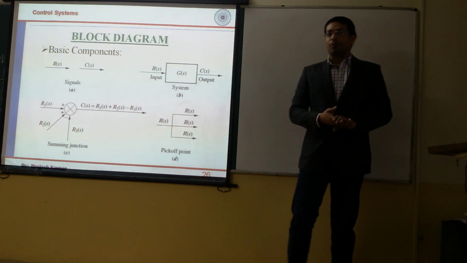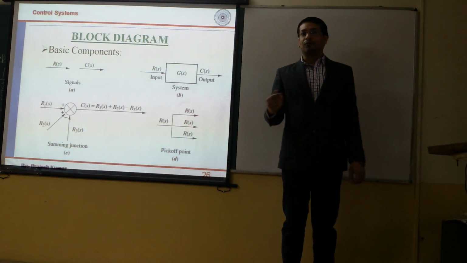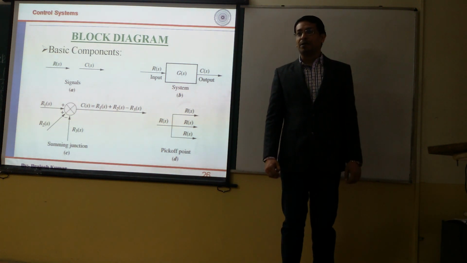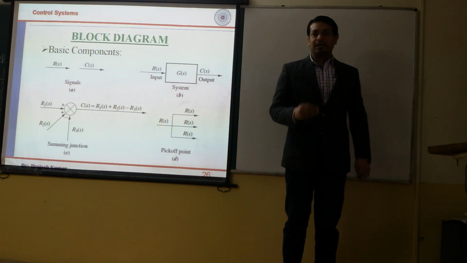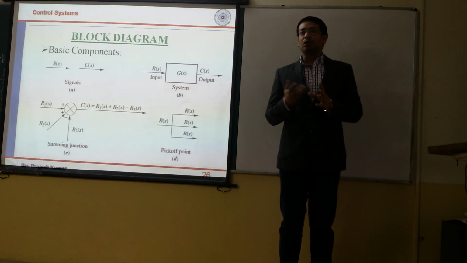Coming to the next topic, that is block diagram. We have already derived the transfer function formulation from the impulse response, and you are going to represent all of the system in terms of block diagrams.